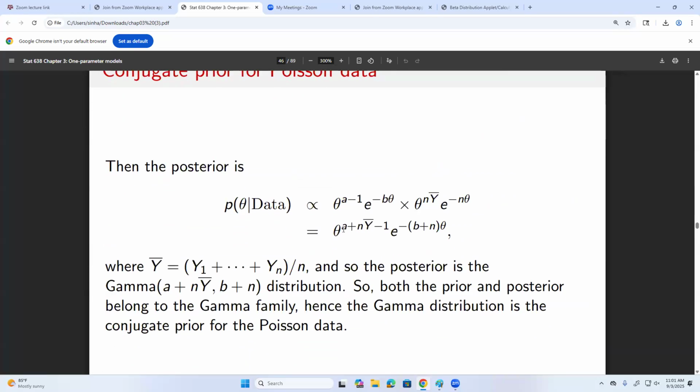It turned out that the posterior is a gamma distribution with parameters a plus n times y bar, and the second parameter b plus n. So the posterior is this gamma distribution. Both the prior and posterior belong to the gamma family. Hence the gamma distribution is the conjugate prior for the Poisson data.